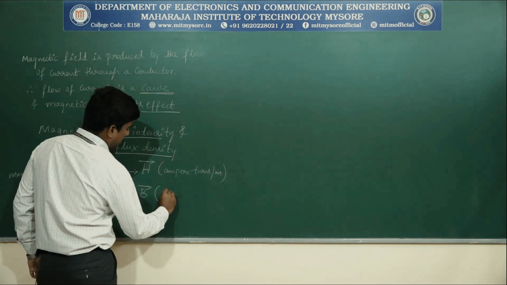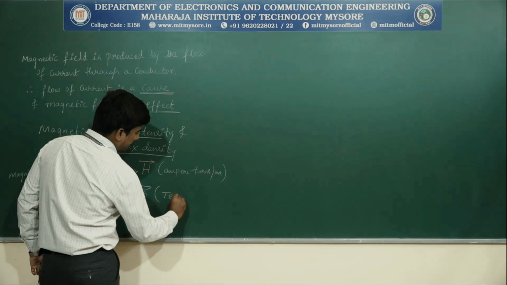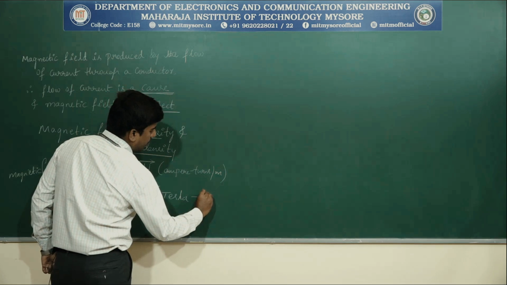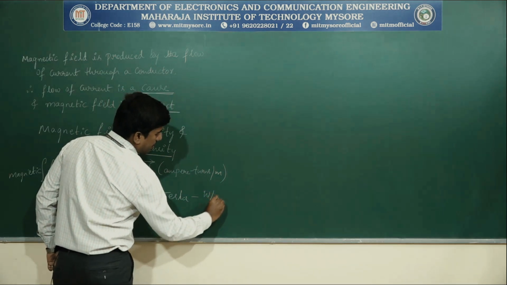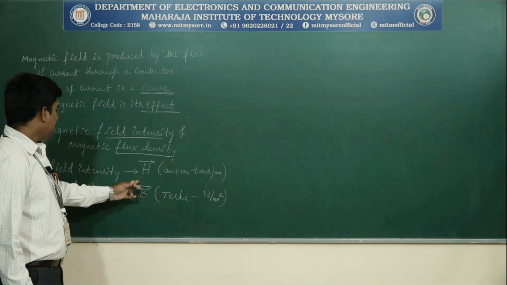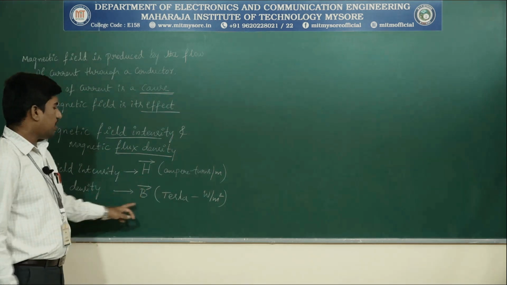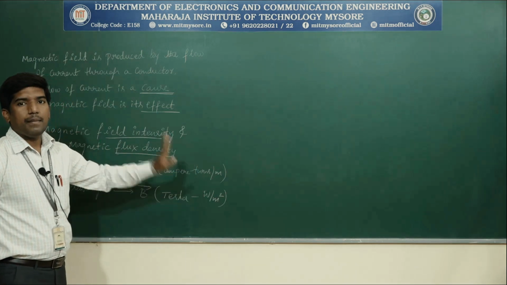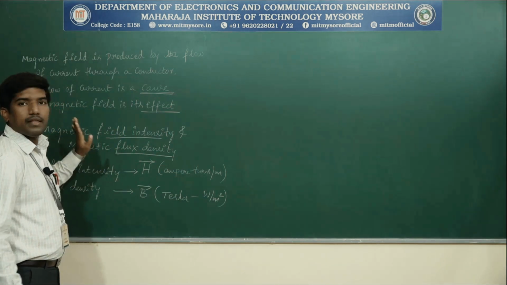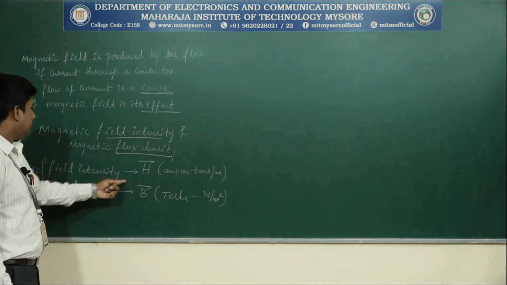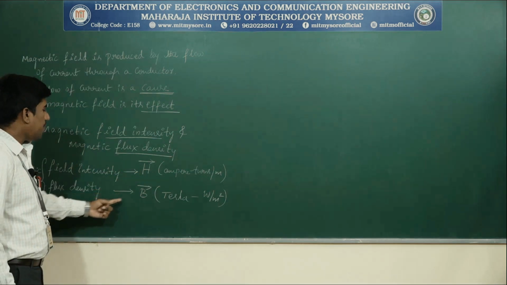The unit of flux density is Tesla, and 1 Tesla is equal to Weber per meter square. Clear? So these are the symbols and units for magnetic field intensity and flux density.